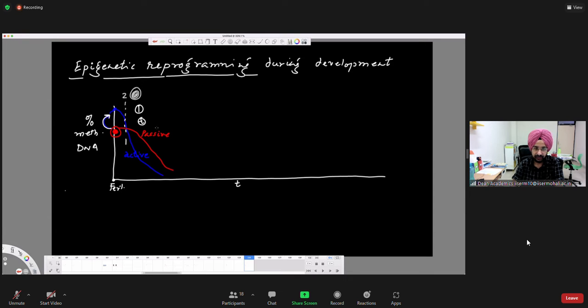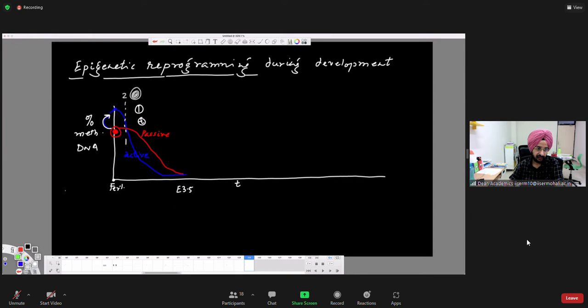And you reach, in mouse, around 3 to 3.5 days post-fertilization, the blastocyst stage. This is your blastocyst.